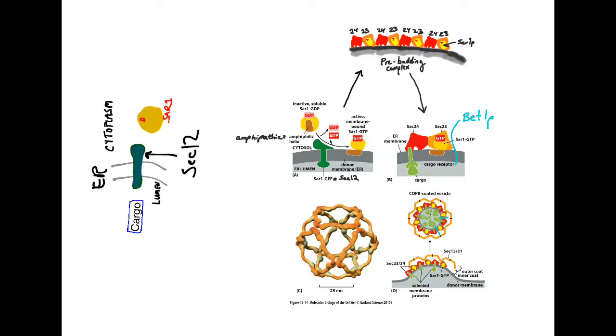So now about this GTP, it turns out that Sec23 is a GAP for SAR1P. So that association between Sec23 and SAR1 activates the GTPase activity of SAR1P, and that conversion of GTP to GDP ultimately is going to lead to the disassembly of the coat.